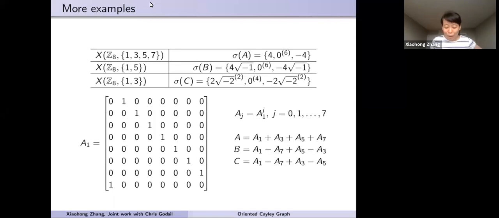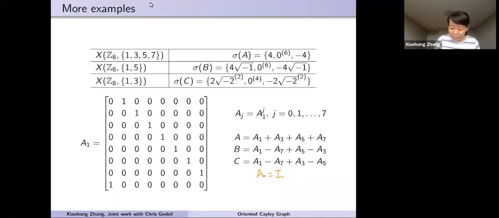So we denote the jth power of this matrix by A_j, from 0 to 7. The adjacency matrices of those graphs are just linear combinations of those four matrices with different signs, plus or minus.